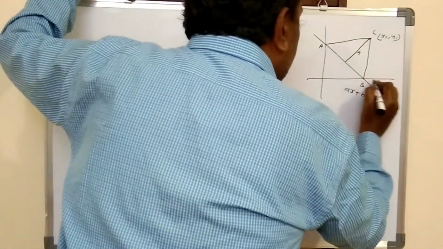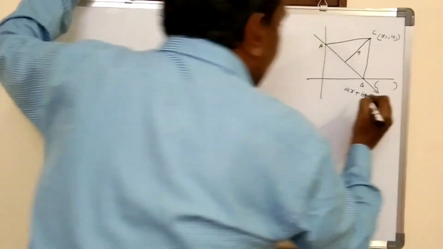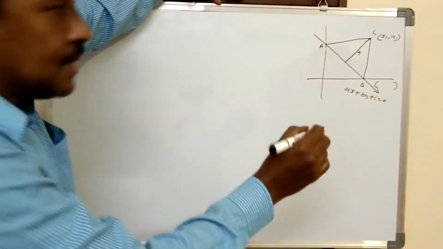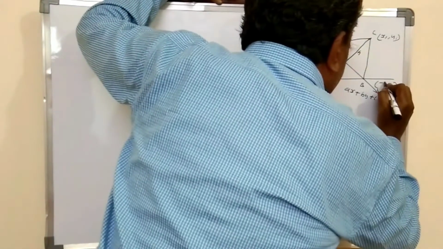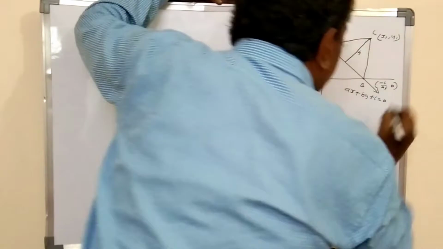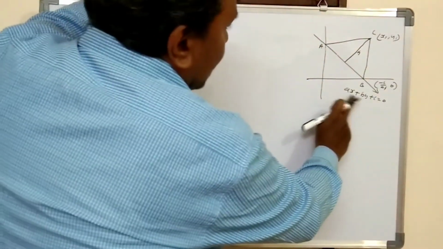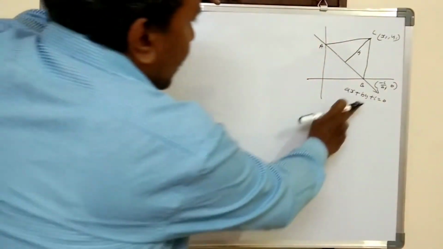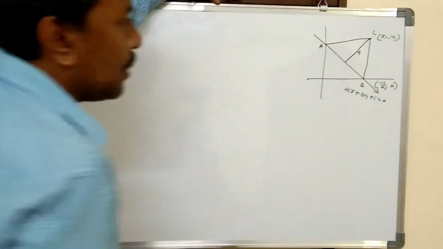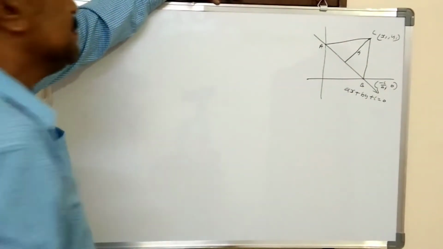How to find h? First of all you take this triangle. What are the coordinates of B? Here the x coordinate is minus c by a and the y coordinate is 0. Why? Because you take this equation, here you take y as 0, substitute, so you will get x as minus c by a.